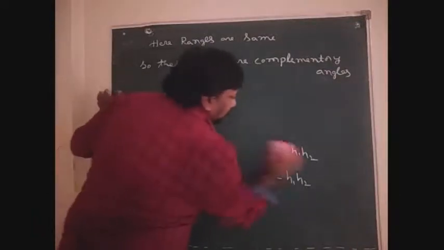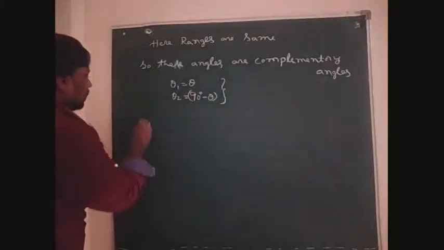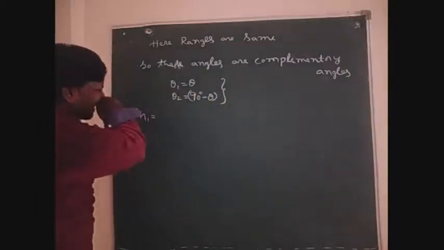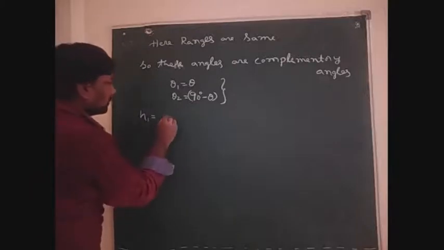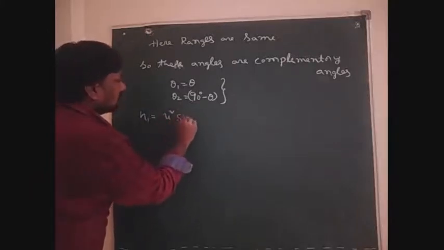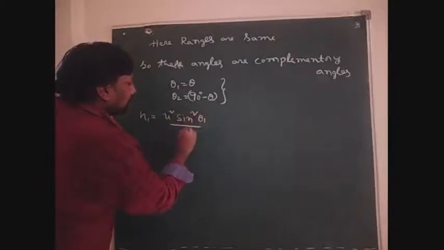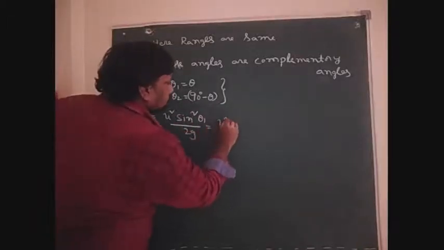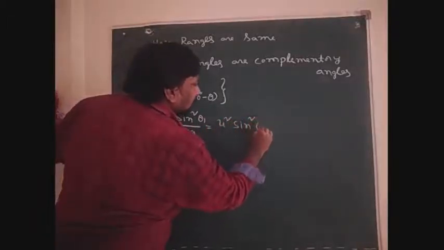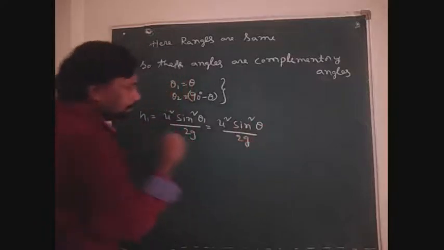Now the product of the maximum heights. Here H1 is the maximum height of the first one, that is u square sine square theta 1 by 2g, so u square sine square theta by 2g.